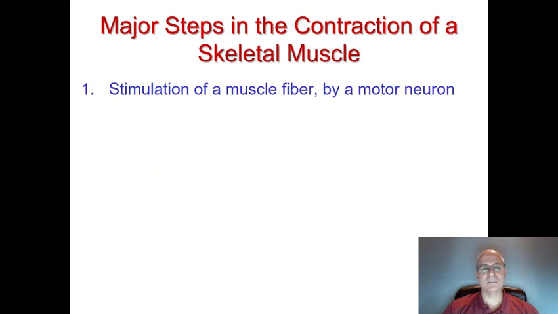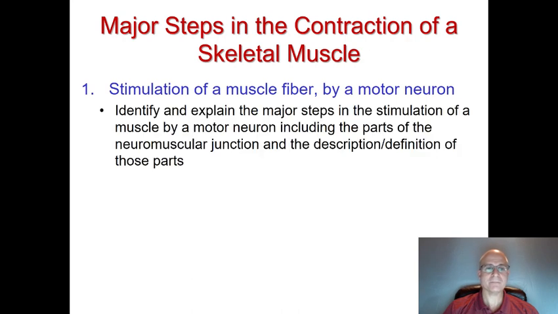Okay, so let's start in the beginning with stimulation of a muscle fiber by a motor neuron. How could this essay question be written? Well, typically it would be something like identify and explain the major steps in the stimulation of a muscle by a motor neuron, including the parts of the neuromuscular junction, which we're talking about in a moment, and a description, definition of those parts and how they work.